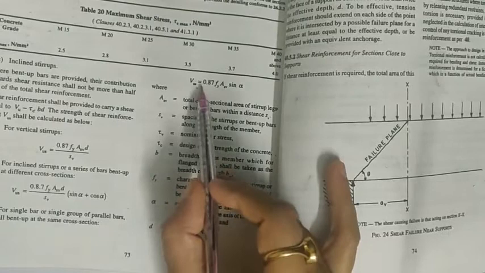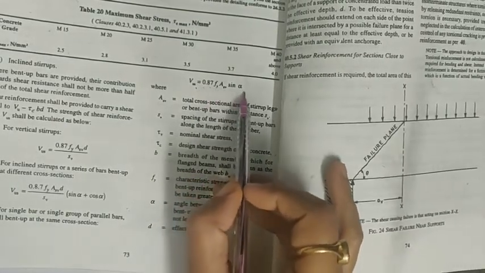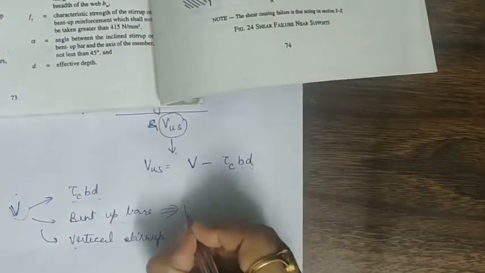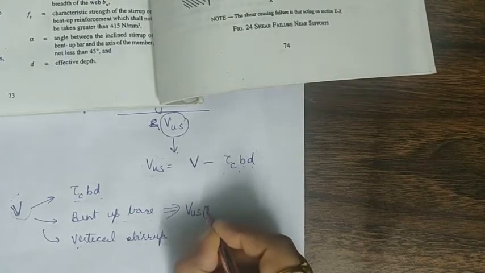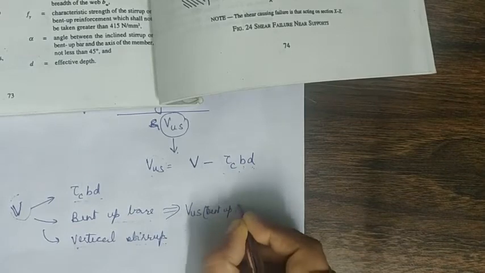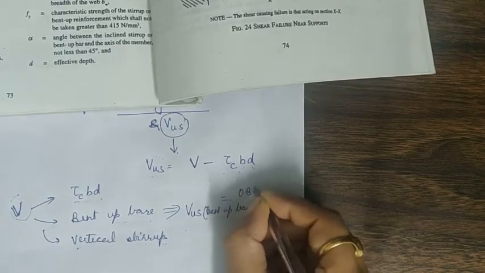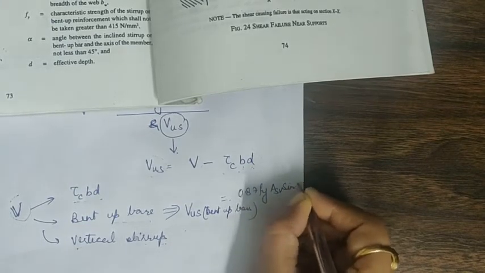It is given, again it is written in the formula in the clause itself. It is given by 0.87 Fy ASV into sine alpha. So the capacity taken by these bent up bars is given by 0.87 Fy ASV into sine alpha.